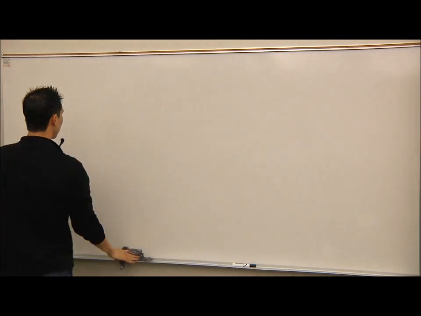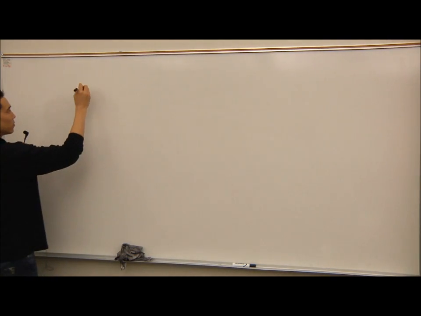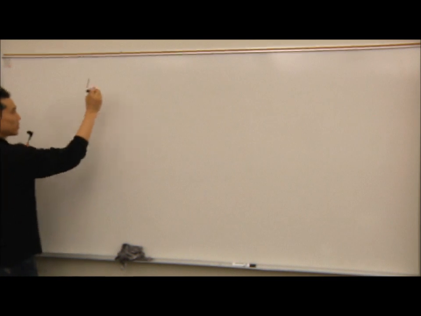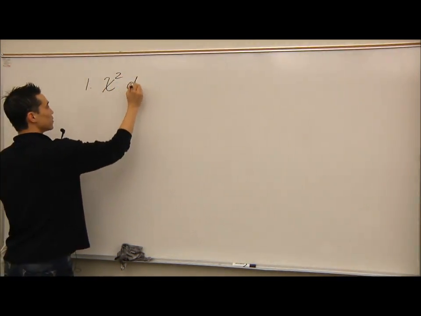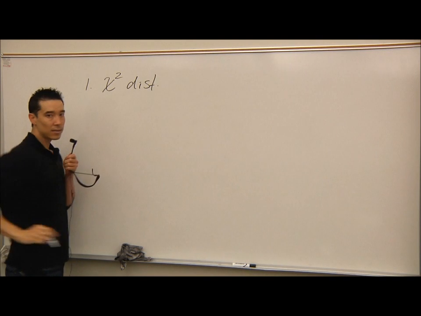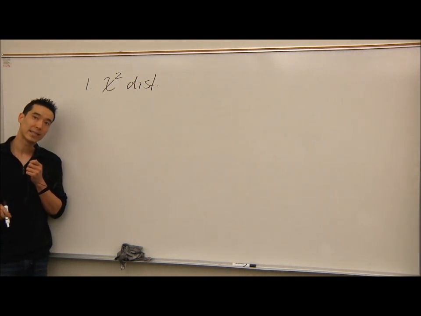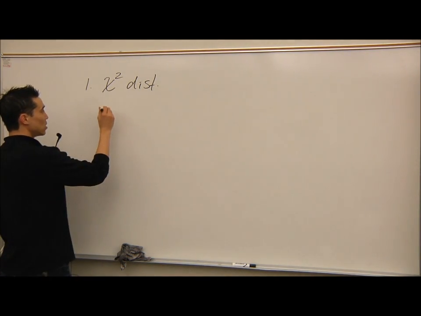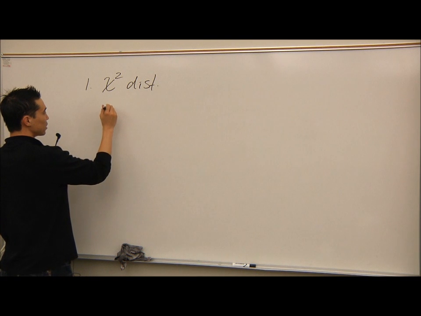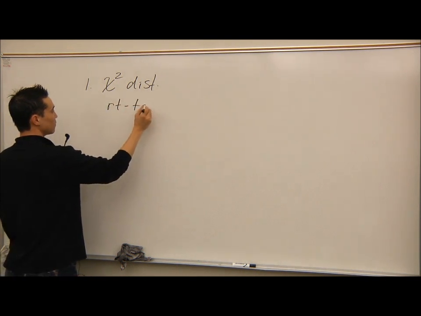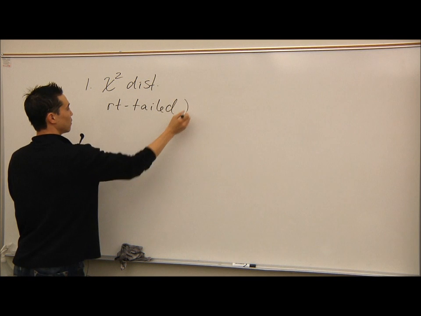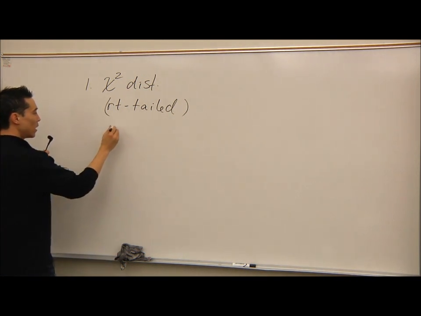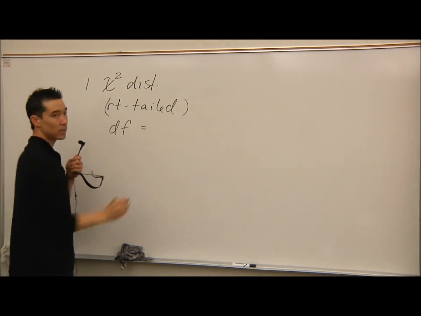So anytime I do a new hypothesis test, I have to tell you obviously what distribution it uses, and this is going to be a chi-square distribution. For the goodness of fit test, all the tests are right-tailed. Okay, so whatever alpha is, we're going to put it in the right tail. With the chi-square test, we have a degrees of freedom.